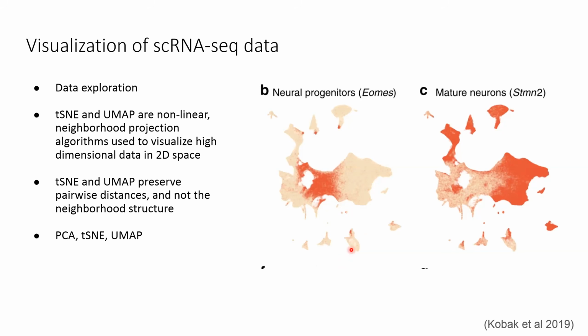So here's an example where we visualize two different neuronal markers, and each point is a cell, and the color red is used to indicate whether the gene is expressed within each particular cell.